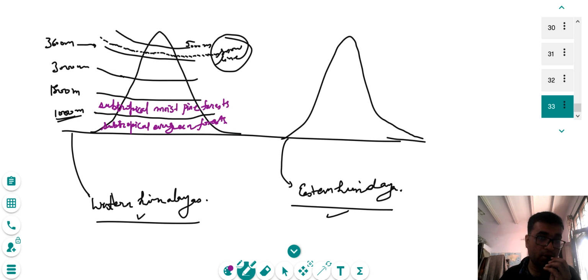From 1800 meters to 3000 meters you have temperate forests. From 3000 to 3600 meters you have the alpine forest.